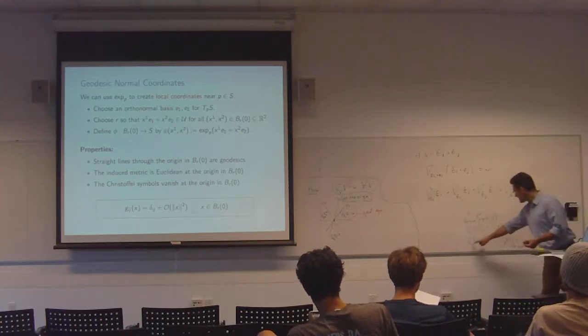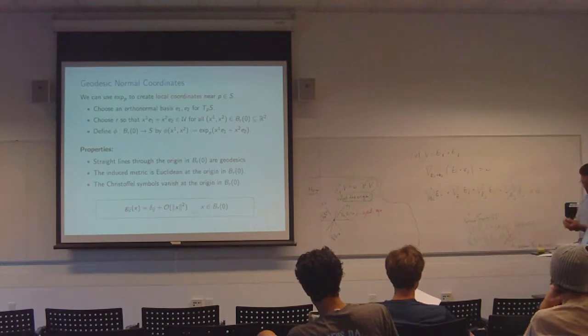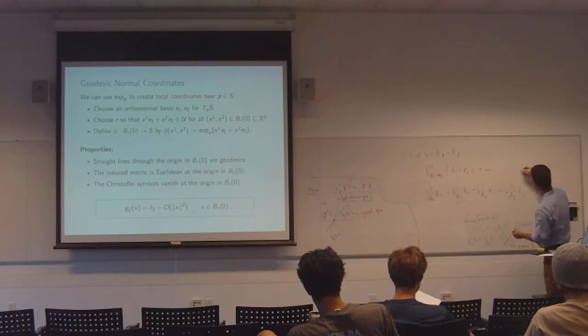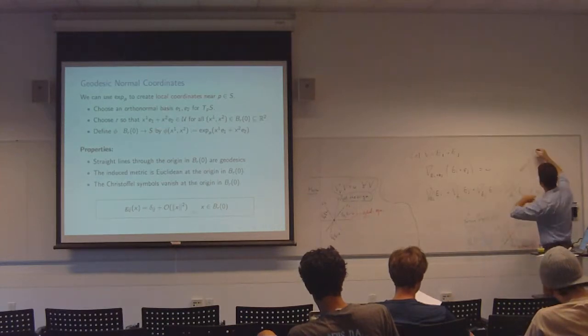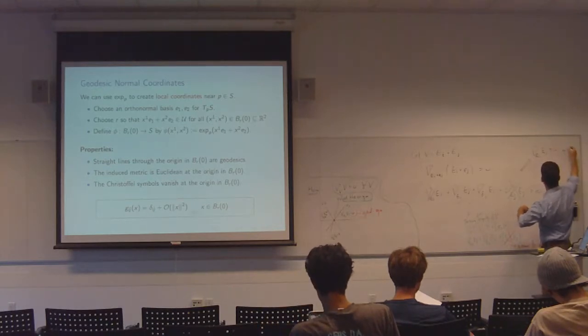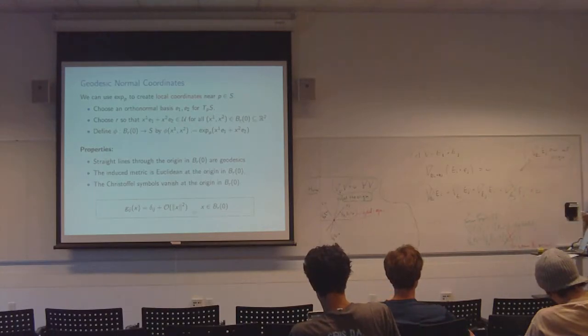Okay, so what we have is del_{e_i} e_j equals del_{e_j} e_i. And therefore this equation becomes 2 times del_{e_i} e_j equals 0 at the origin. And that's what we set out to prove. The vector vanishes, but of course this vector is, by definition, a linear combination of Christoffel symbols, so those Christoffel symbols have to vanish.